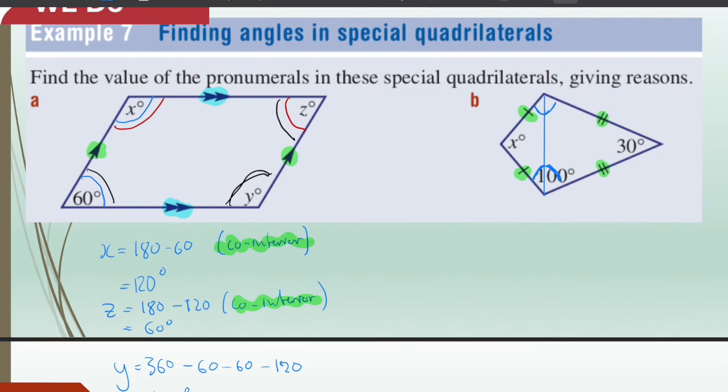So having used that information, we can say that this angle here is also 100 degrees because of those two isosceles triangles that we formed. So now working out x is as simple as taking away all the angles from 360.